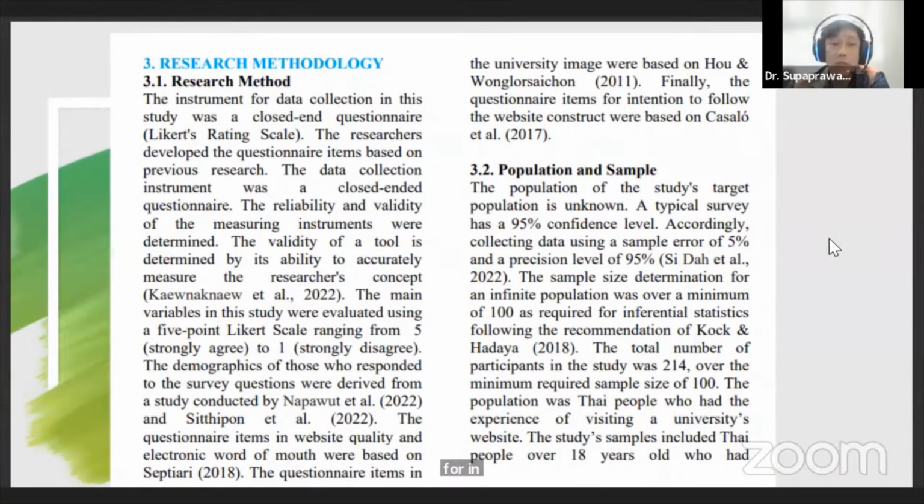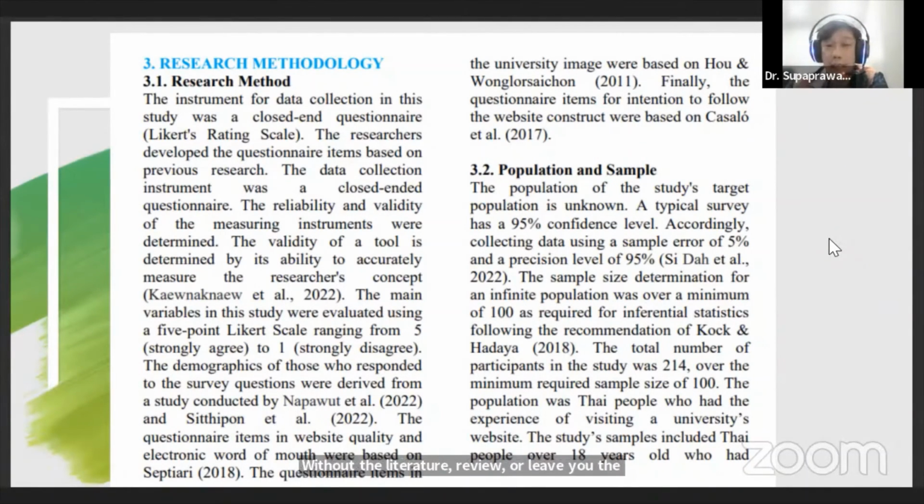And when you write the research method, it means how the researcher creates the instrument or questionnaire. You could not create the questionnaire without the literature review or reviewing the previous study.